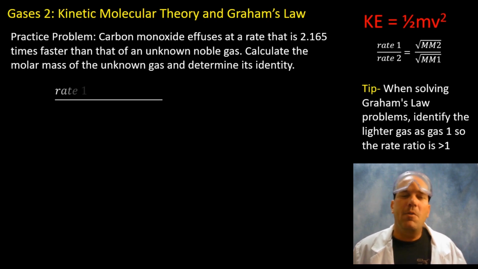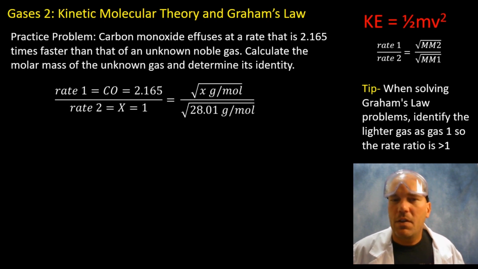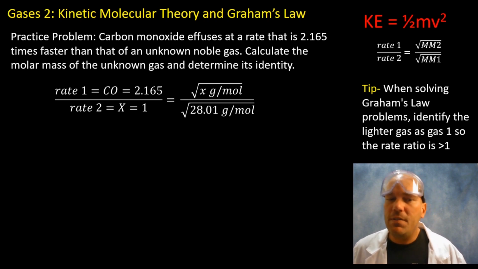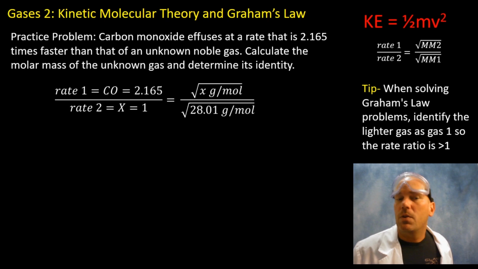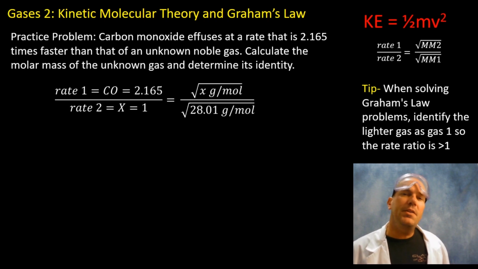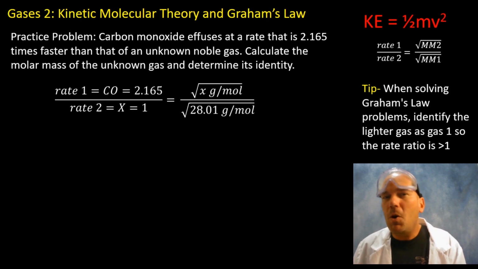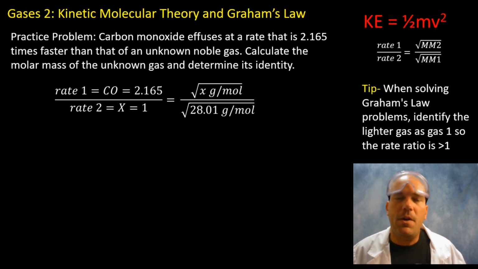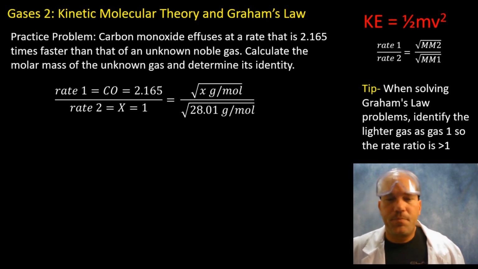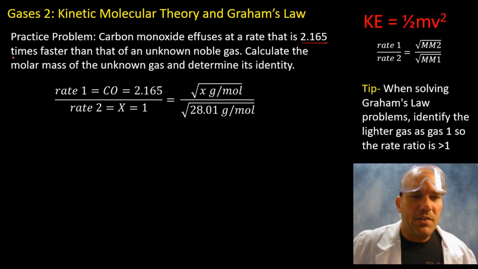So let's look at what we know. We know rate 1, which is carbon monoxide, is 2.165. We don't know rate 2, but we do know some information that will allow us to infer facts about rate 2. So let's look at the molar masses. We are asked to find the molar mass of our unknown gas, and we know the molar mass of carbon monoxide from the periodic table. Now here's the key. You're told it's 2.165 times faster.